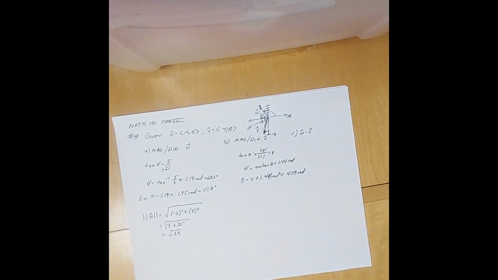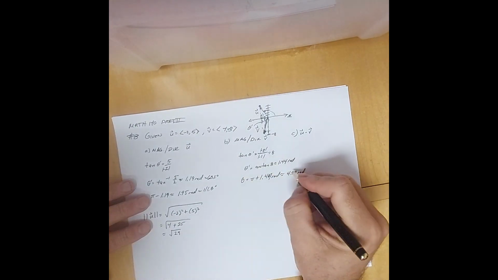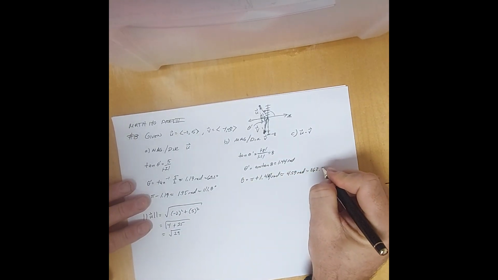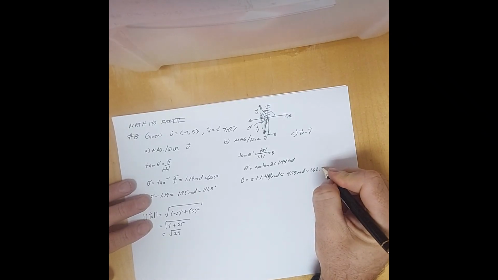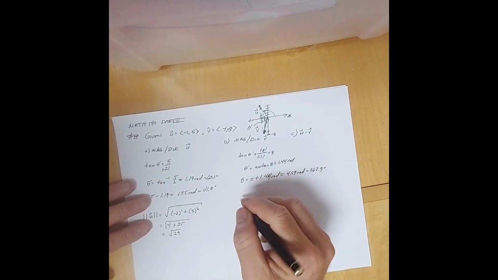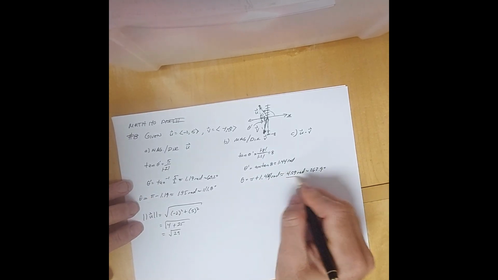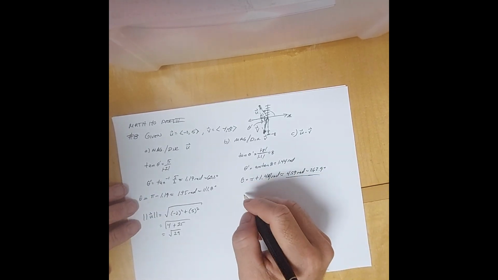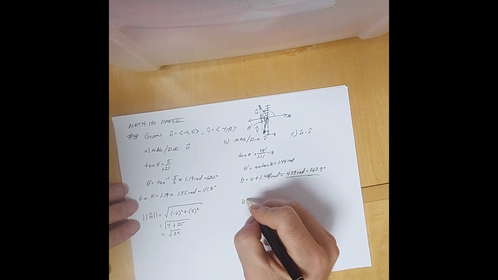I can convert that to degrees, which is approximately 262.9 degrees. All right, and so that's the direction. This part right here is the direction, and then the magnitude of v.